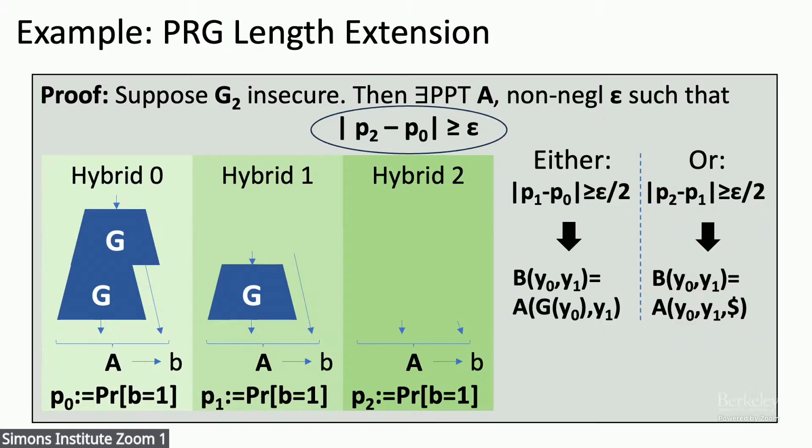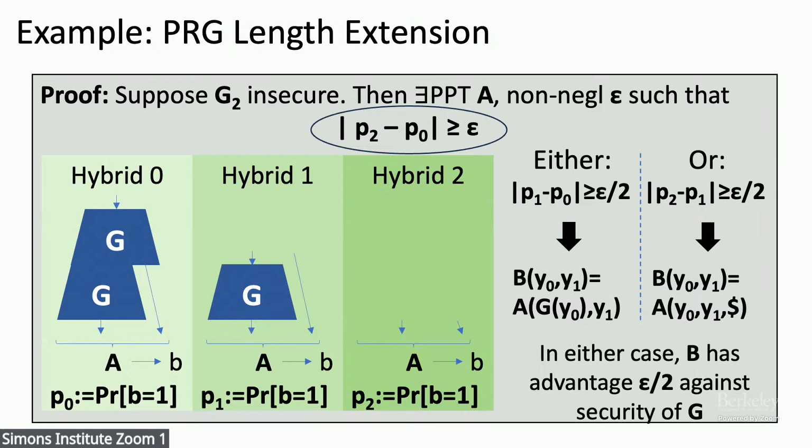Basically, just using the fact that each adjacent hybrid differs by one application of G, we simulate the rest of the hybrid for ourselves and take that one application of G, and that's the part that we forward to the adversary. Okay, and so in either case, you get advantage epsilon over 2 against G, and by the assumption that G was secure, that's impossible.